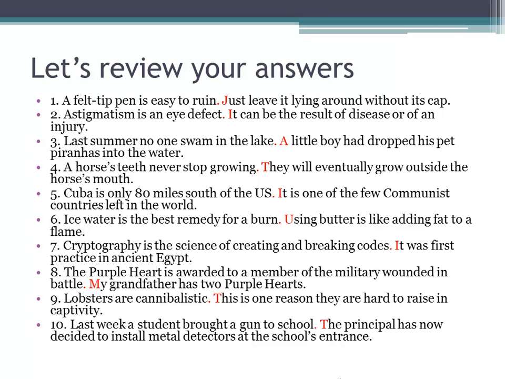This is one reason they are hard to raise in captivity. Yes? I did the same thing you did, except I used a comma instead of a period. In front of this? Yeah. So then you should do the comma and this is one reason. So using a coordinating conjunction would be great. So lobsters are cannibalistic, comma, and this is one reason they are hard to raise in captivity.